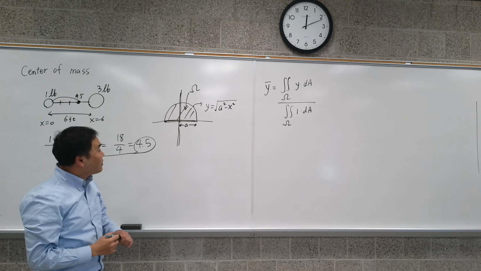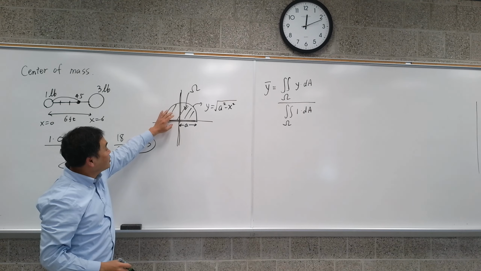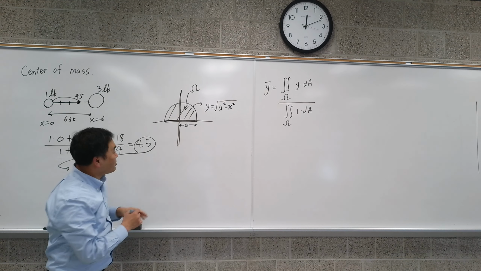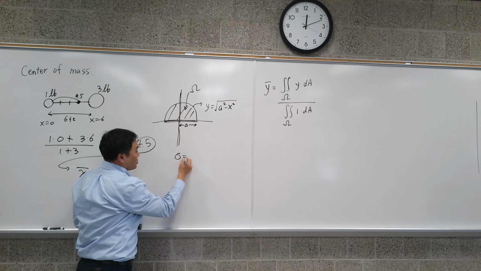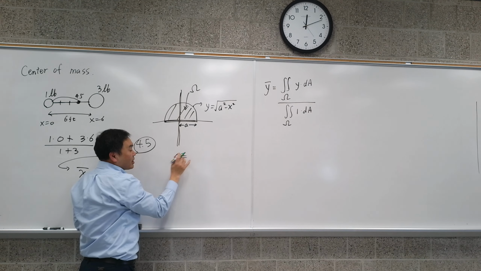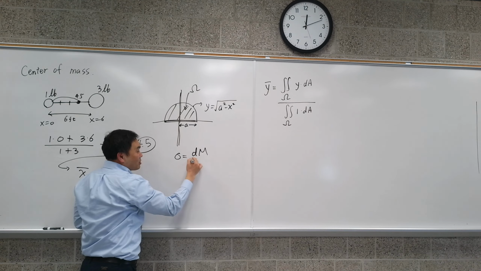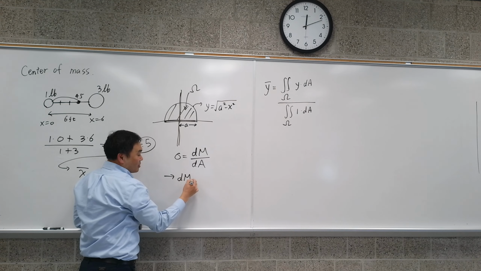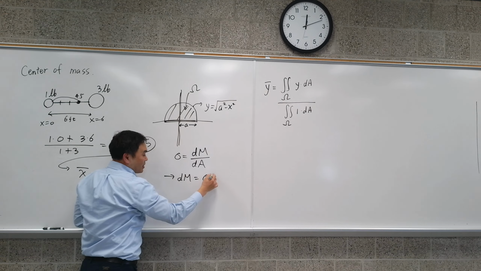So here's the thing. If you have constant density, then what is density? We're talking about two-dimensional density here, so it's not mass divided by volume, but mass divided by area. So that mass is equal to sigma times dA.